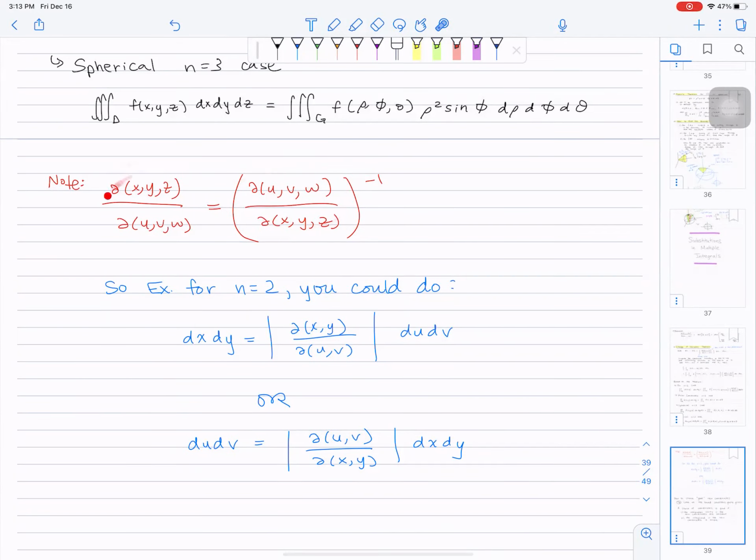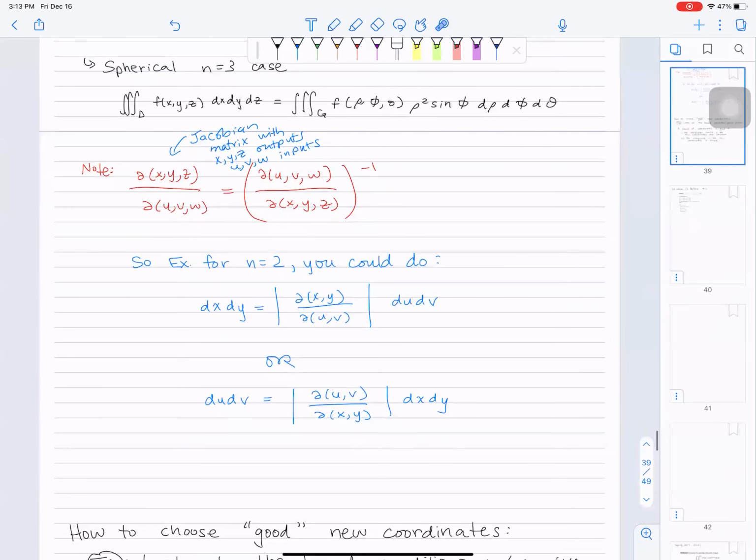This inverse equals this, where this notation is saying Jacobian matrix with X, Y, Z as outputs and U, V, W as inputs. Okay, so let's do an example.